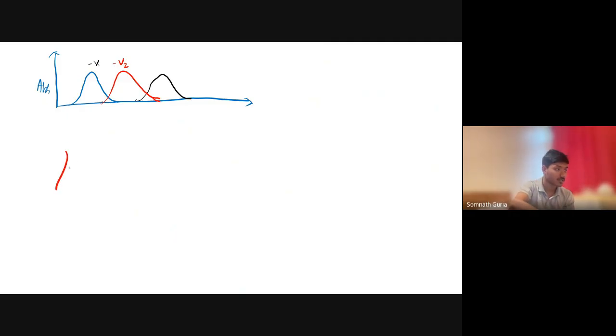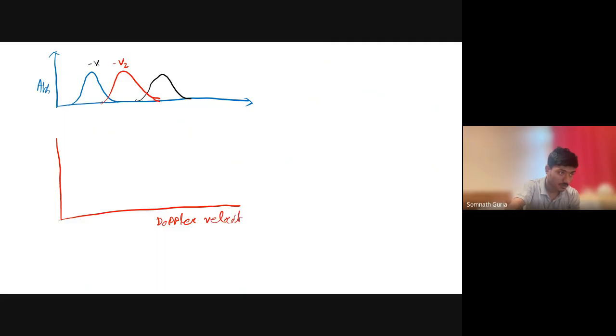Initially, the spectra should look like this. This axis is called Doppler velocity, and this is percentage of transmittance. First of all, there is no overlap, which means my spectra will be like this: 100% transmittance, and this will be 0%.